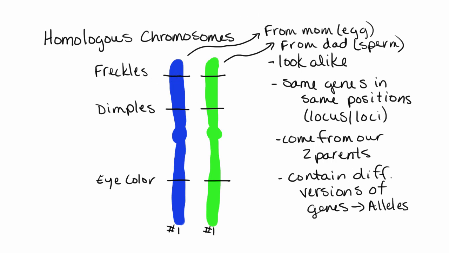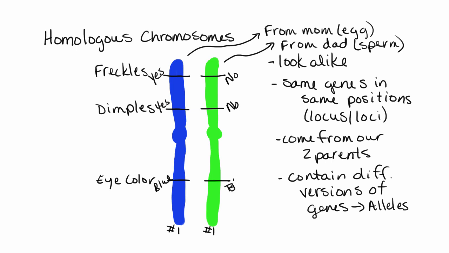What that means is that they both do contain information for freckles. Well, one of them might say that, yes, you do have freckles. And then on the other chromosome, it might be information that says, no, you don't have freckles. One of them might have information to, yes, have dimples. The other one might be for no dimples. Eye color, we might have a blue version on one of the chromosomes.